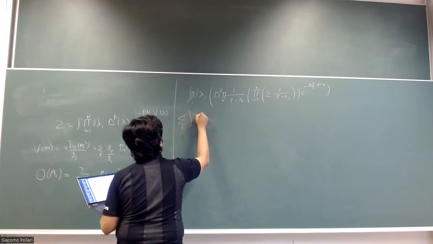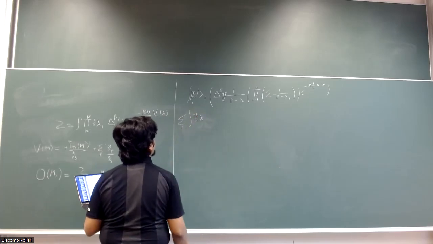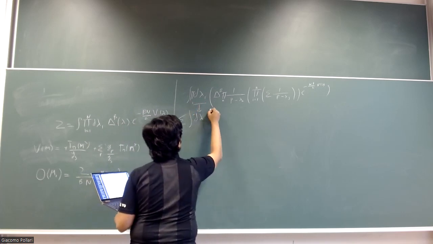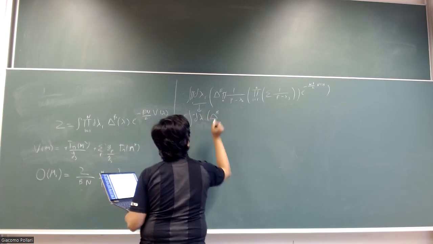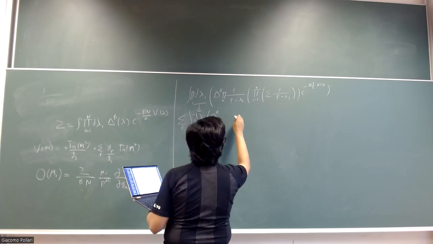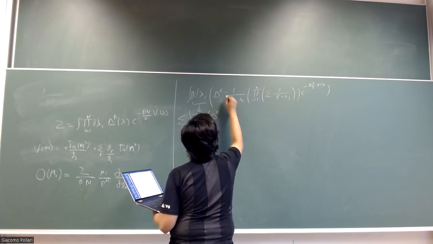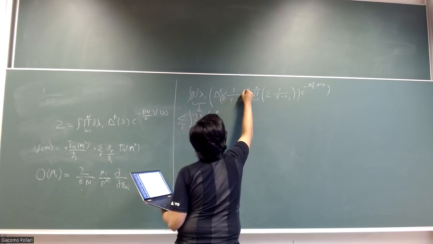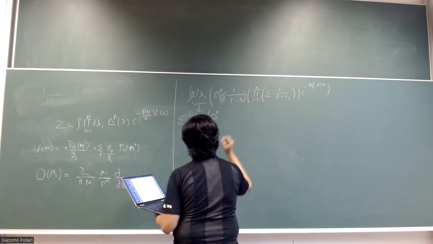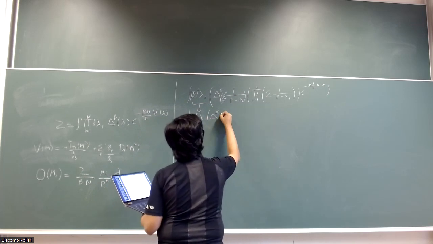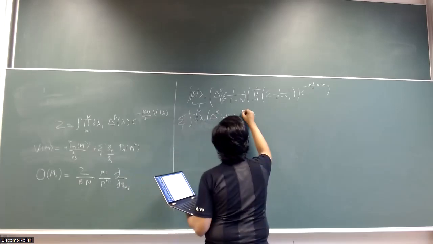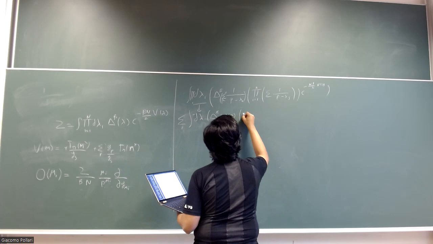Instead of this, I'll make a couple of substitutions so that my life is easier. I'll just write d lambda, so this becomes this. This term will be the same. Sorry, this shouldn't be multiplied. I'm sorry, this should be the case. Instead of this, I'll just write this.